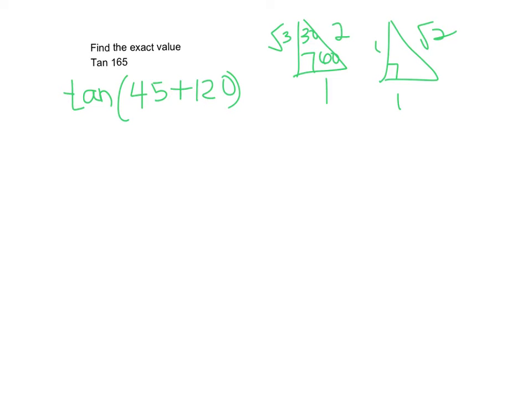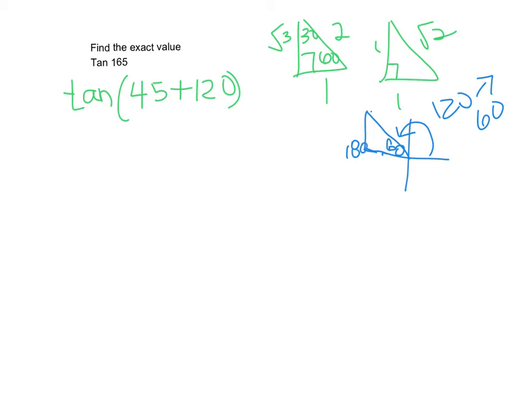I know 120 isn't a 30, 60, or 45 angle, but 120 is one of the reference angles that we used before, and its reference angle is technically 60 degrees. Remember, 120 is over in quadrant 2, and the reference angle is 60. I did 180 minus 120 right here.